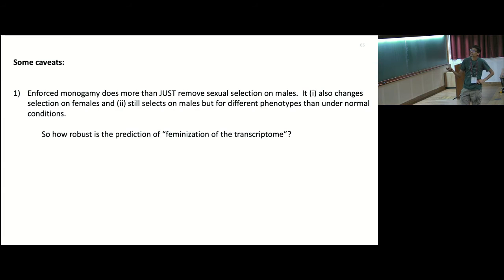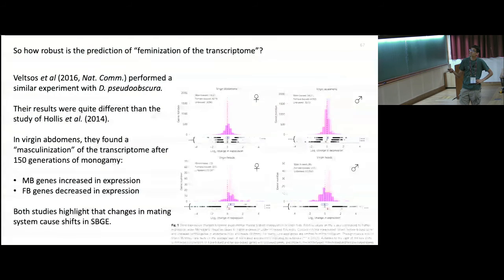So given that, how robust is this prediction of feminization of the transcriptome? That's the result they saw, but I'm not sure that you would always expect to find that. In that context, another group performed almost the identical experiment in a different species, Drosophila pseudoobscura, which to most normal humans looks exactly the same as Drosophila melanogaster.